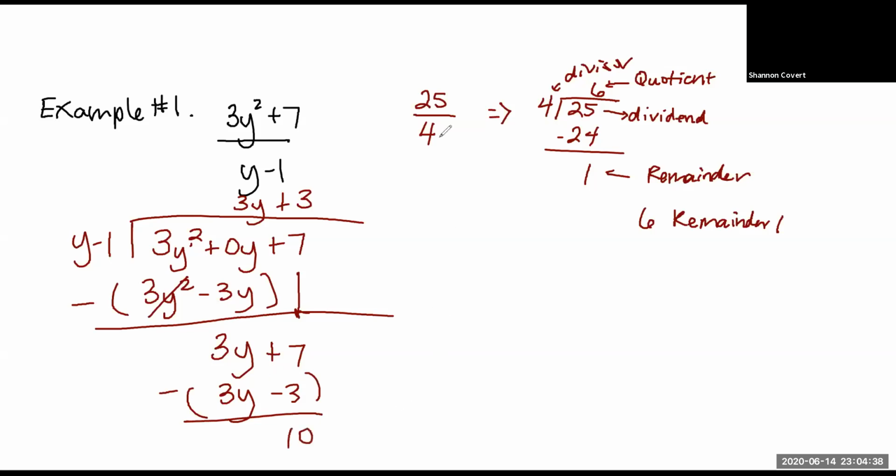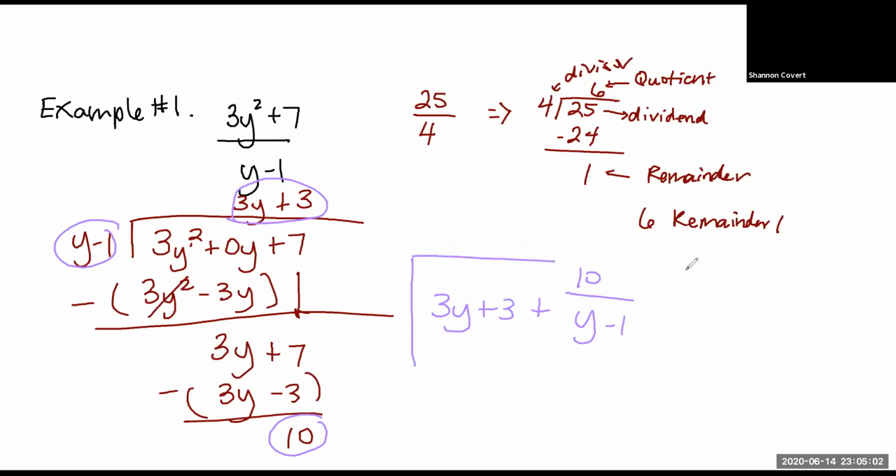The way I write my solution or type it into Hawks, my answer here is my quotient, 3y plus 3, plus my remainder over my divisor. So what I would type into Hawks would be 3y plus 3 plus 10 over y minus 1. Good old-fashioned long division.